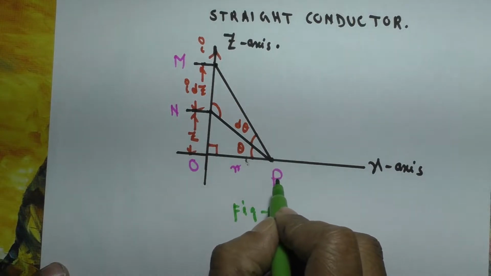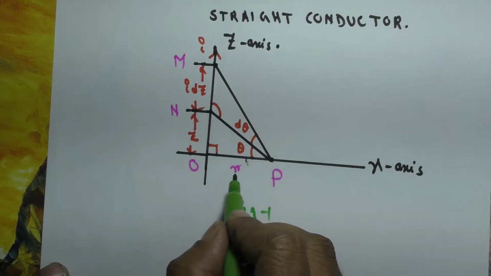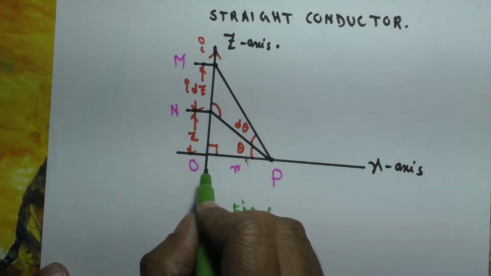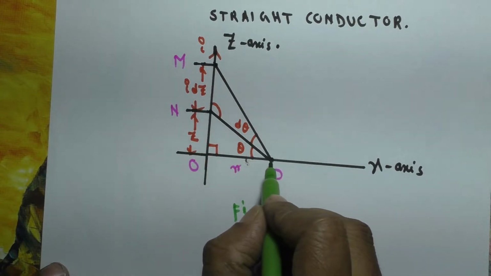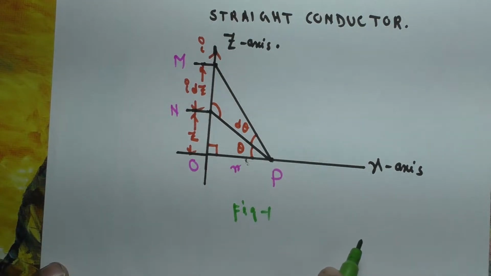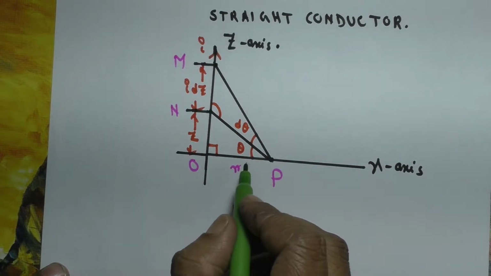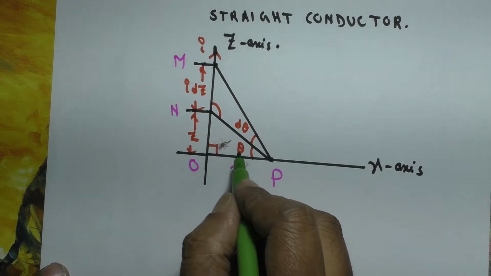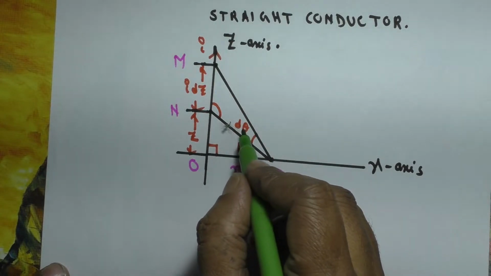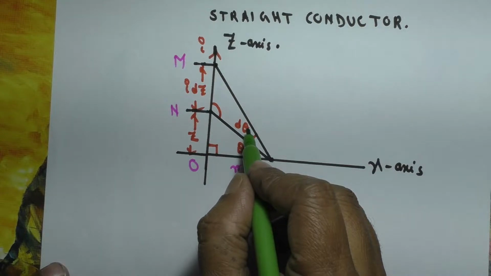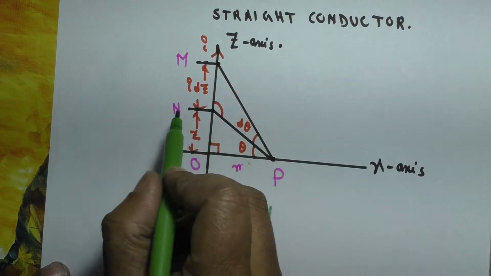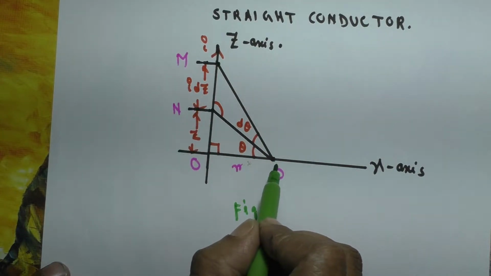Here the point is P, and R is the distance between the current carrying conductor and the point where the magnetic field is to be calculated. And here this angle is theta, and this is d theta, a very small angle due to the current element at point P.